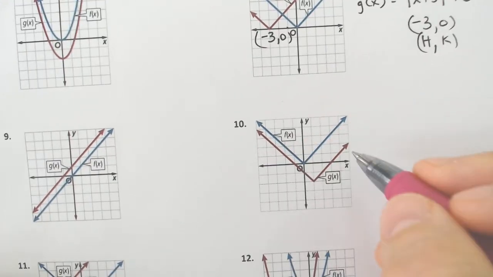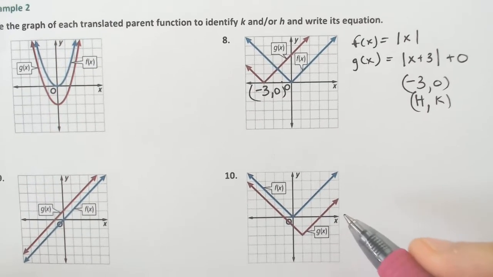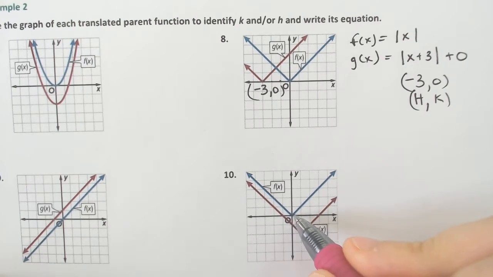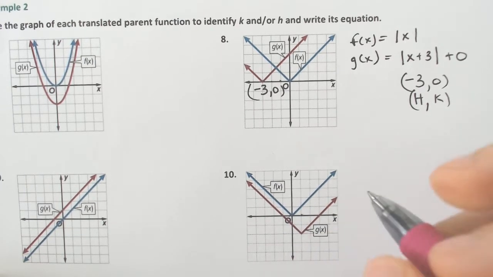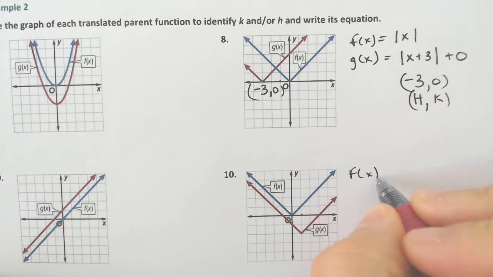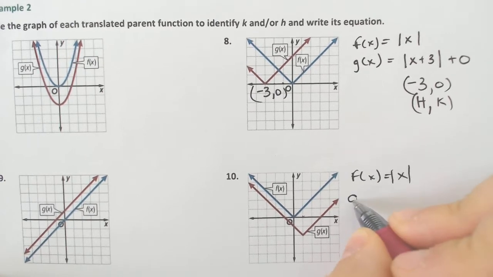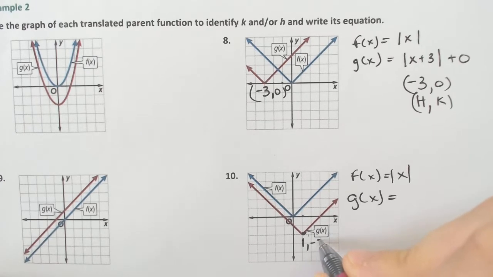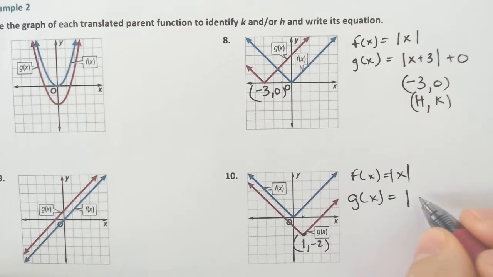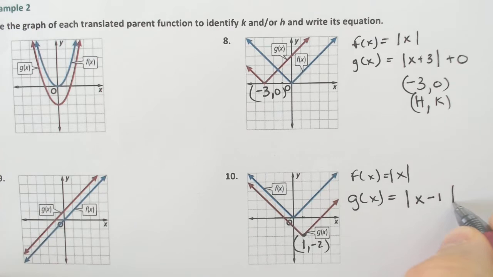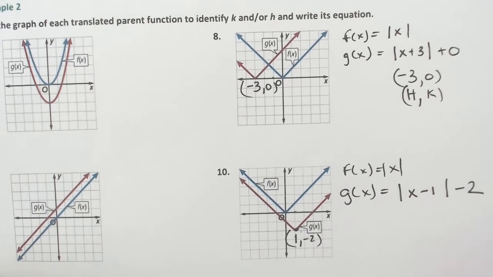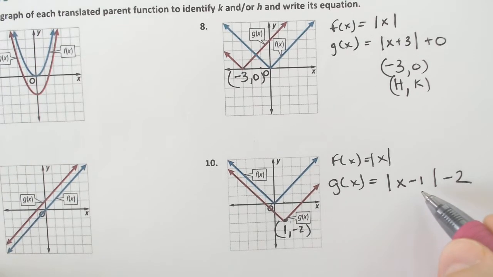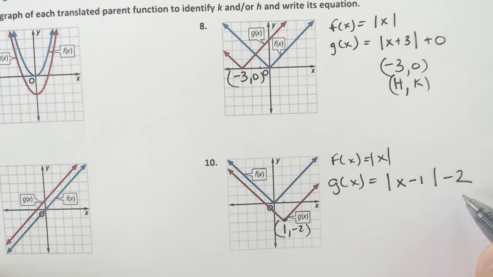And let's keep the absolute value trend going. We got number 10 right here, and that one has a double shift. It moved right 1 and down 2. So f of x may have been the absolute value of x, but g of x went, and this point is 1, -2. So if we had to change the sign and then keep the sign, it would be change to -1, keep -2.